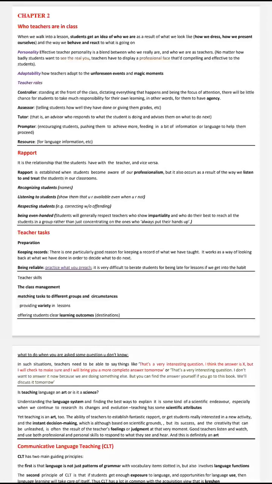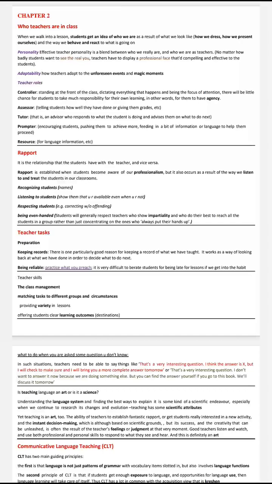Teachers' roles. Controller: standing at the front of the class, dictating everything that happens and being the focus of attention. There will be little chance for students to take much responsibility for their own learning.